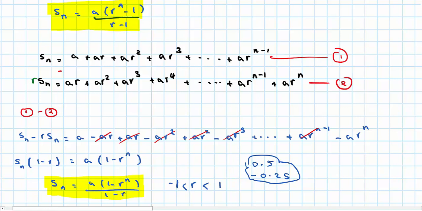How I remember this is if my ratio is a small value, then I have to take it away from 1. You can come up with your own way of remembering.